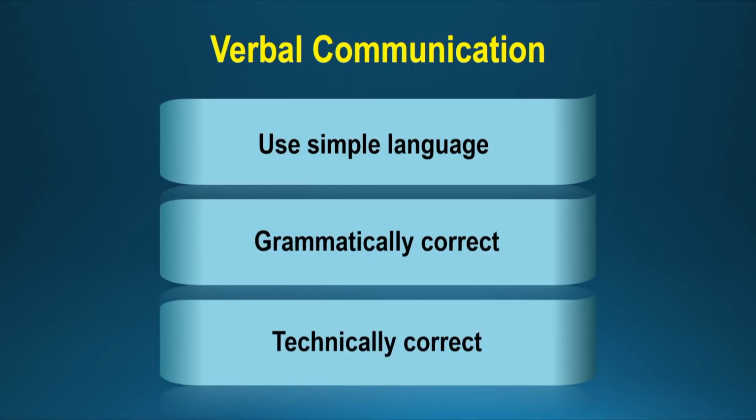It may be a combination of Hindi and English or Punjabi and English or a mix of the local language with English, because the primary role of the teacher is to make the students comprehend or understand the material rather than the language. And whatever language is being used, it has to be technically and grammatically correct. So one needs to ensure that the verbal component is appropriate as per the level of the students.